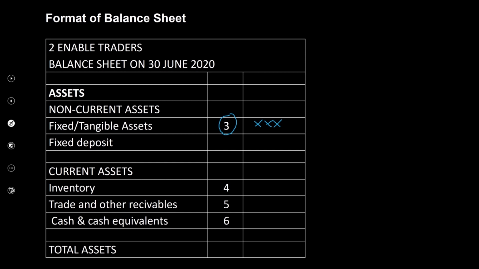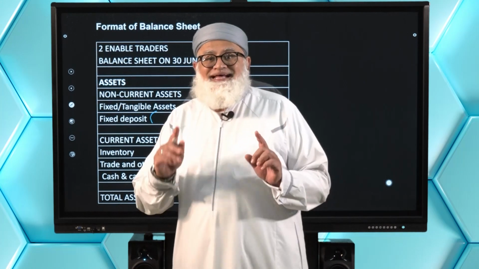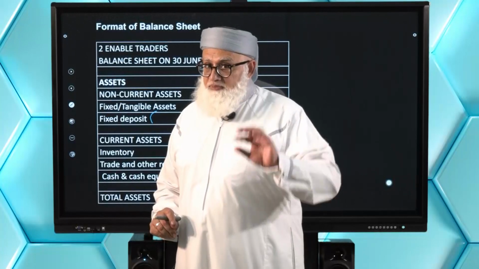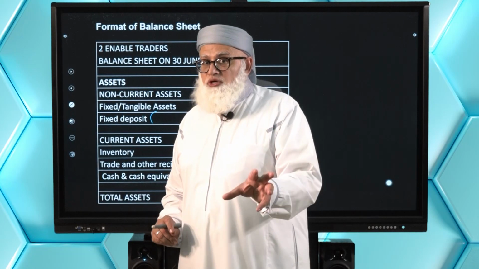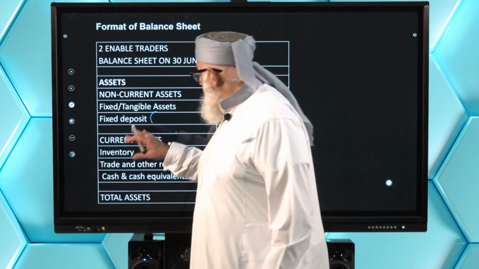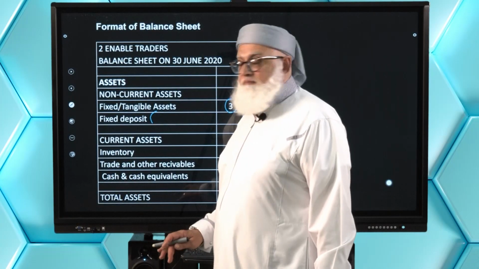But be extremely careful on this one, because for the fixed deposit, here you will have the one maturing over a period greater than 12 months. Remember, that portion that is maturing within 12 months falls under cash and cash equivalents on the face of my balance sheet.